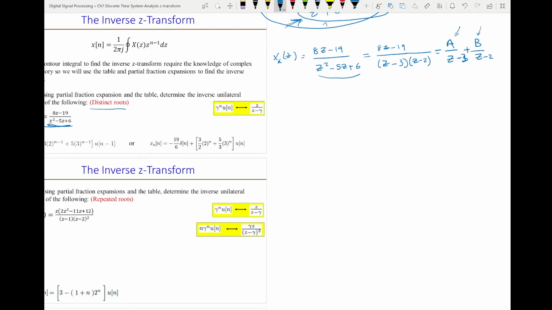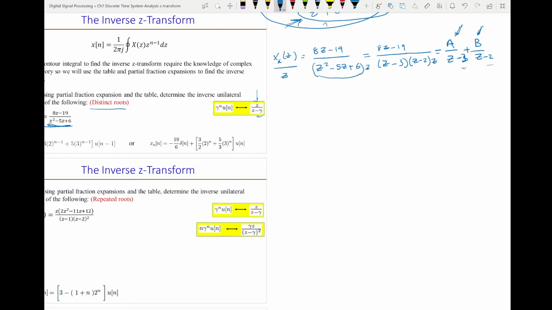But in the table, I have in the numerator z. Here, gamma is the 3 or the 2. So in order to have z in the numerator, what we can do is divide this term by z and also this by z and this by z.